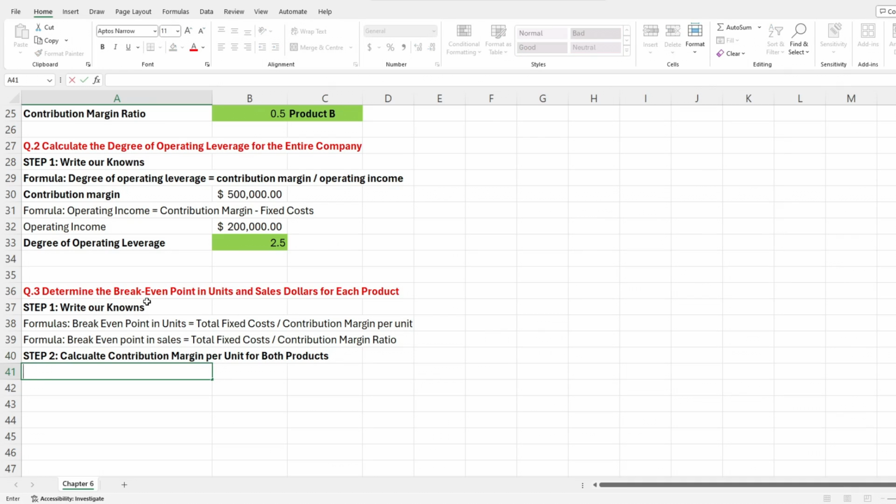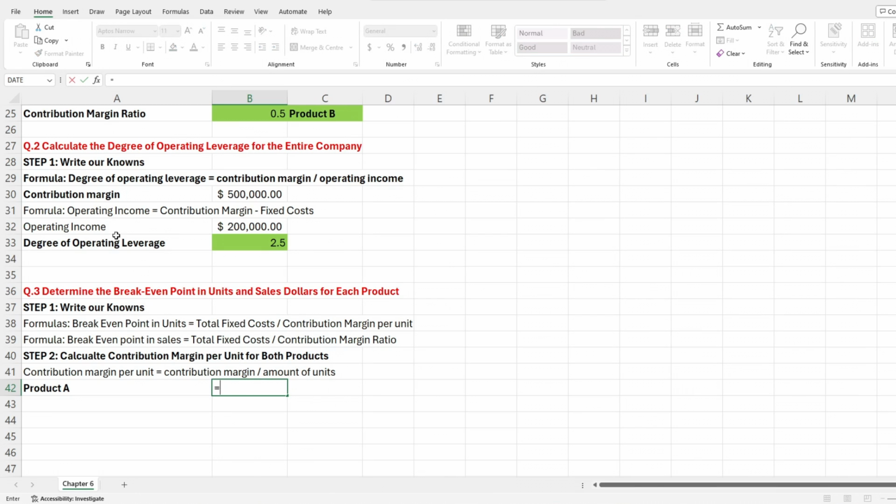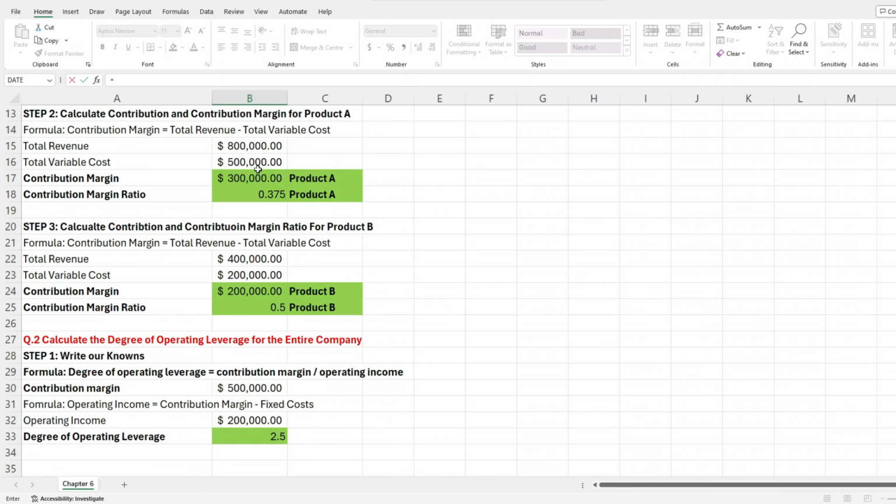So our contribution margin per unit is equal to your contribution margin divided by the amount of units. So for product A, we can go find our contribution margin that we calculated here.